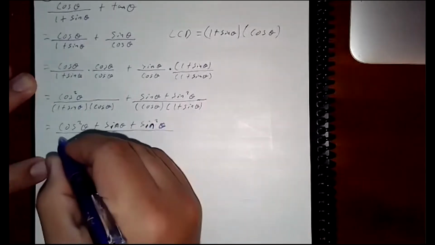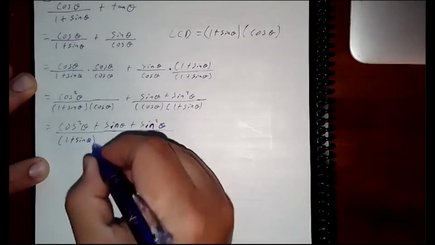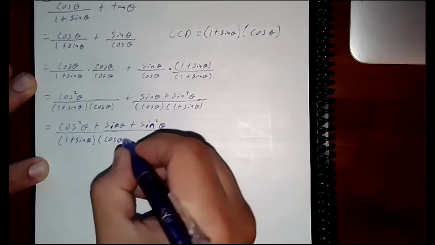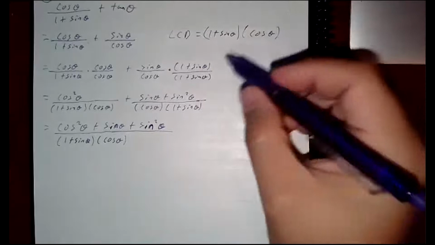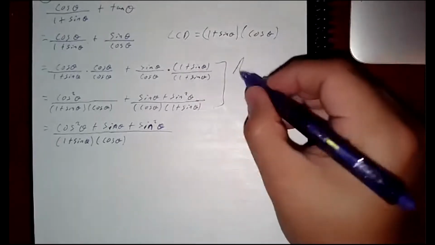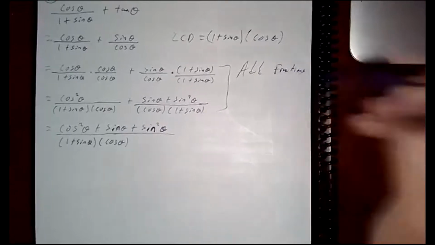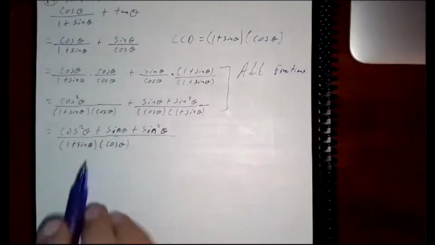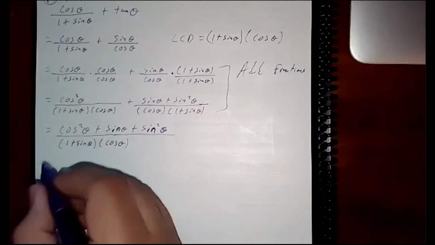Down here, I just have the LCD. So here to here, I'm just adding fractions. Now we know that cosine squared plus sine squared is 1, right? That's your Pythagorean identity.